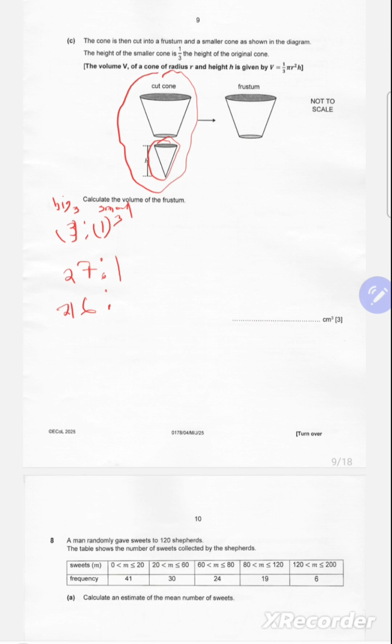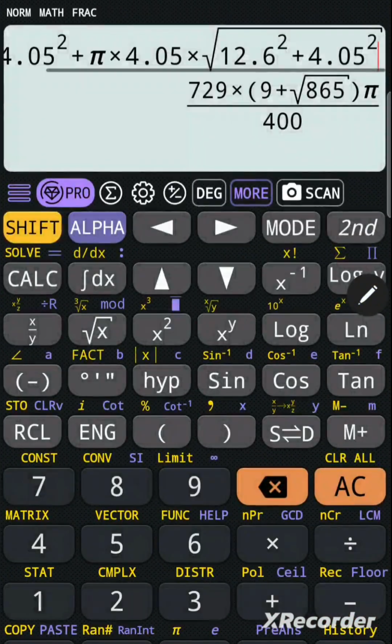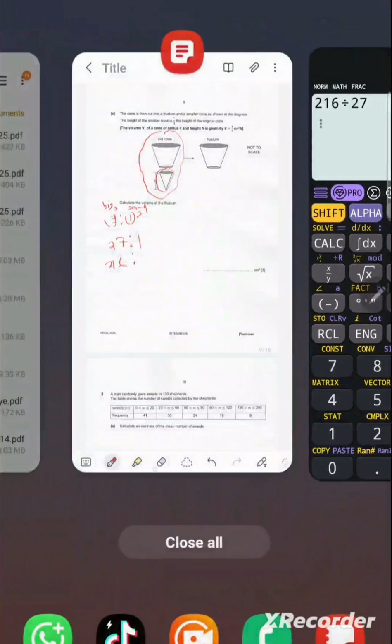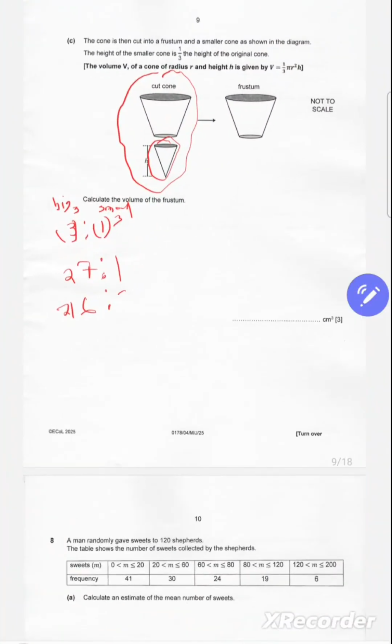So let's find the volume of the small cone. It's going to be 216 divided by 27, which gives us 8. Therefore the volume of the small cone is 8. To find the volume of the frustum, you just subtract the volume of the small cone from the volume of the big cone.